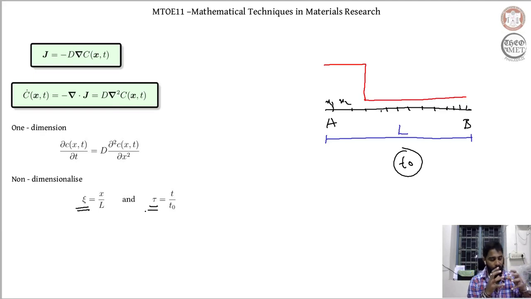So I have a non-dimensionalized spatial variable, which I arrive at by the ratio of x to L, where L is the characteristic length. And I also have a non-dimensionalized time variable, which I arrive at by taking the ratio of my time t to my time t0, the characteristic time here.